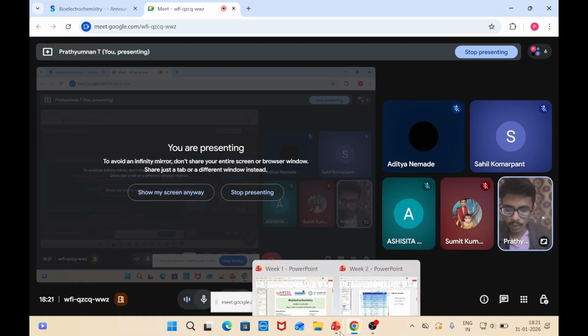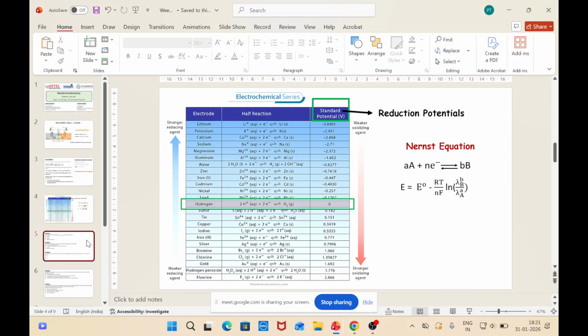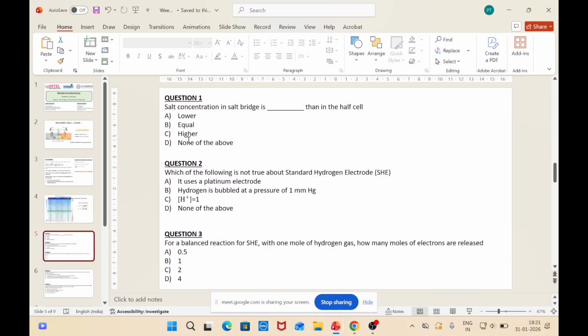Okay, so let me just open up the questions. If you have any doubts, you are welcome to ask me, or you can go through them. Let me just read out the question. Salt concentration in the salt bridge is going to be dash than in the half cells. This we discussed right now.